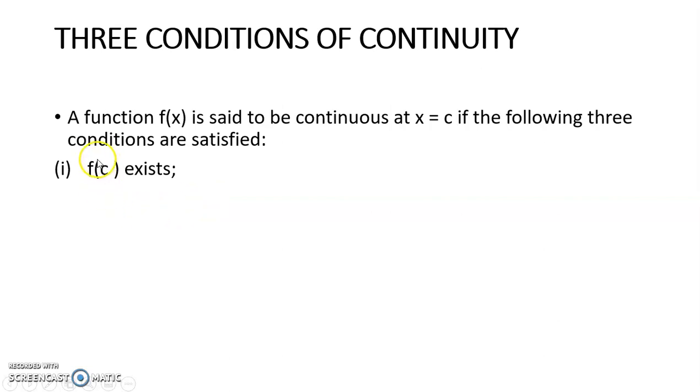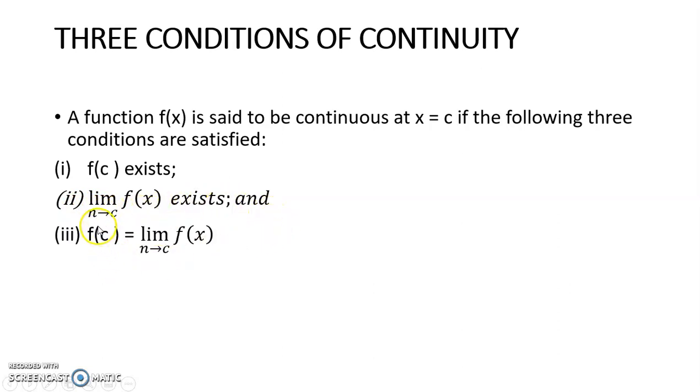First, the value of the function at c must exist. Second, the limit of the function as x approaches c exists. And the value of the function at c must be equal to the limit of the function as x approaches c.